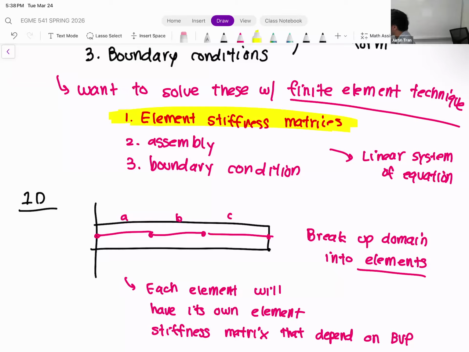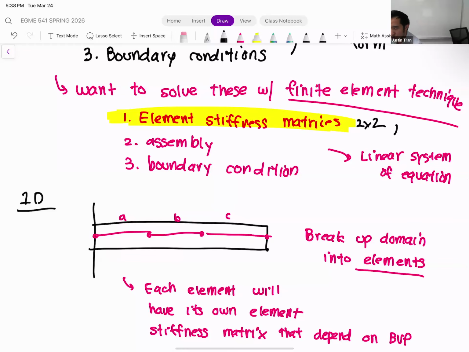And just be assured, because I know there's maybe a little bit of trauma from the first midterm, that the element stiffness matrices we're going to get from these problems are going to be much smaller than before. For our 1D problems, our element stiffness matrices are all going to be 2 by 2. Eventually we'll get to 2D problems, and even there we're going to focus mostly on either triangle elements or quadrilateral elements.